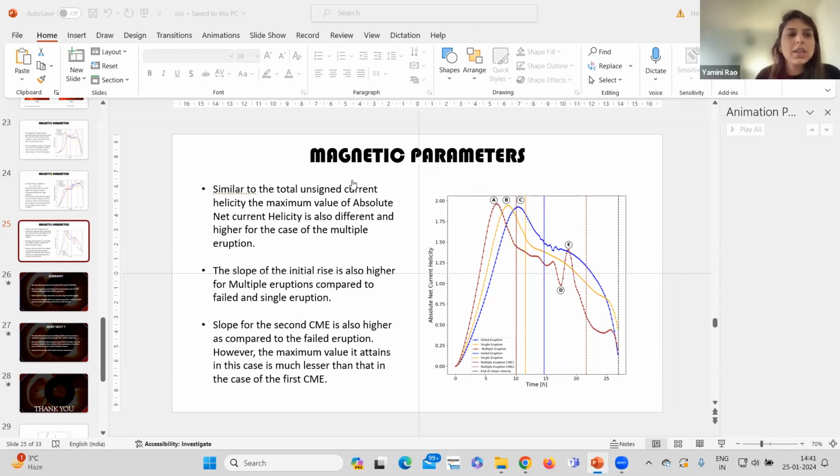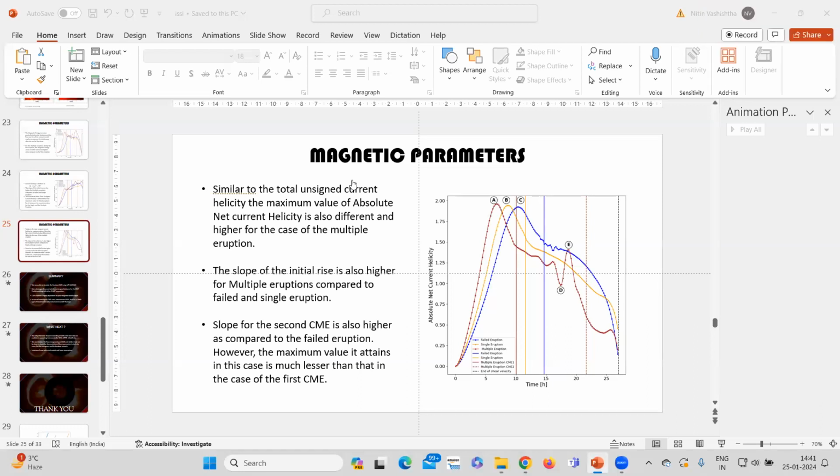For example, say this active region CME is giving a particular slope in magnetic helicity, and how the change in the slope can be used to look into the speed of CMEs. Once you have some indication, we might be able to say something about the speed of the CME before it initiates.